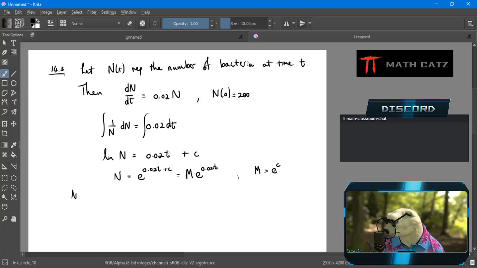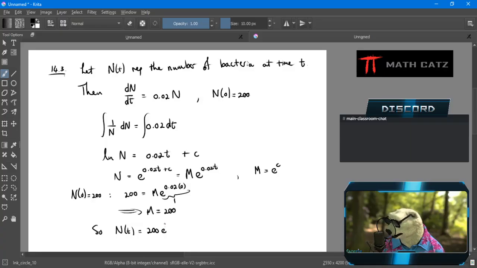Then I use the fact that my initial condition is 200, so 200 equals M times e to the 0.02 times 0, and because e to the 0 is 1, M is 200, which I already knew should be the case. So my function that describes the number of bacteria over time is 200 e to the 0.02t.